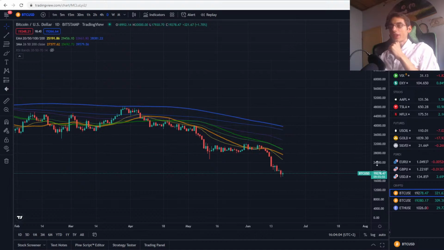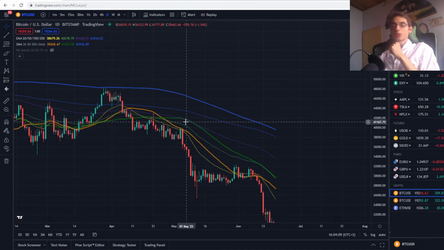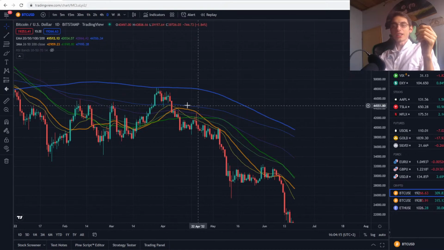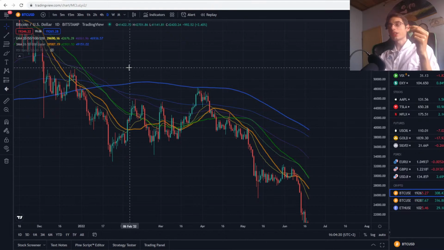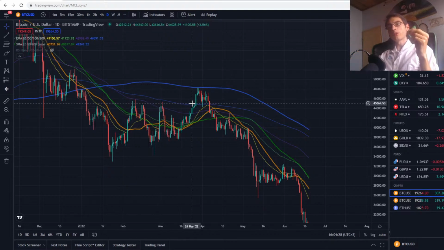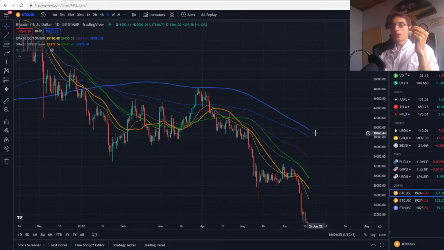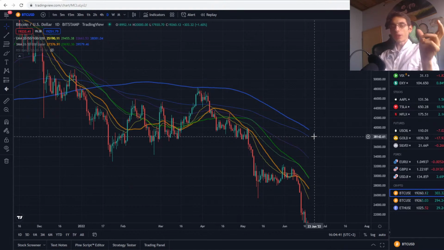The EMAs are faster to react, and so they are closer to the price. That's not the case for the SMAs. And all of these lines provide not a real support level, but a level to watch, because it has meaning for people to know what value an asset had over that amount of time of price action.